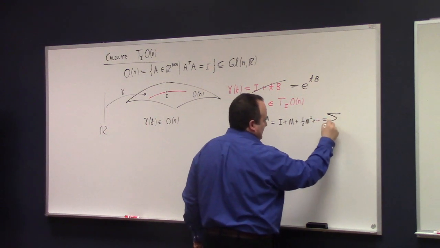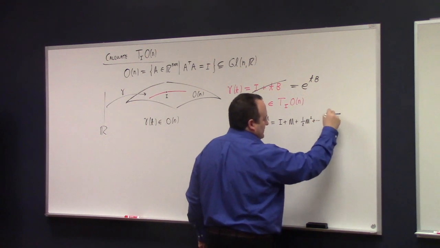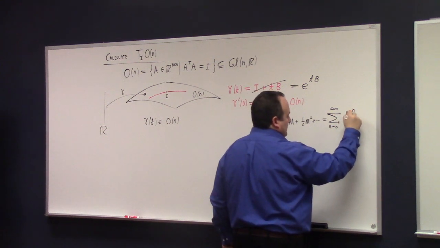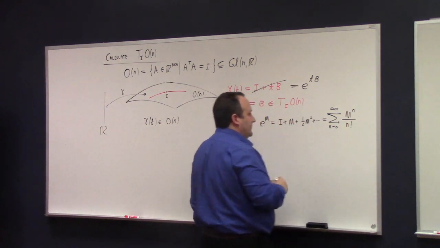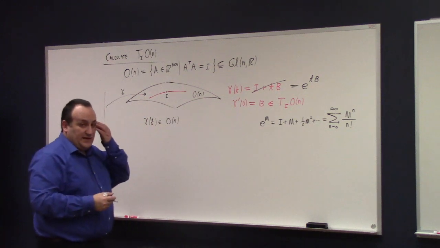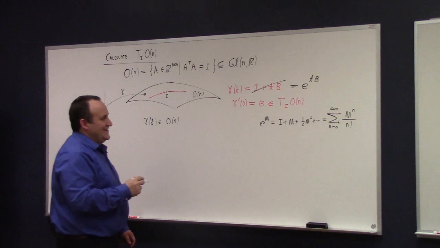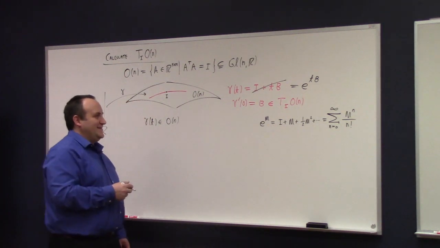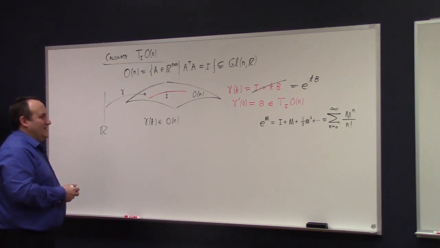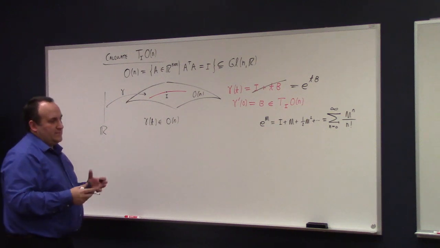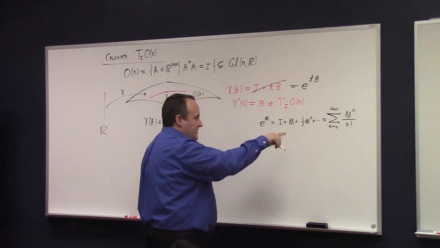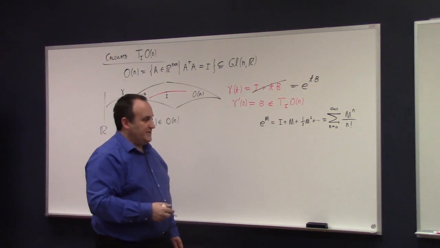So in short, it's the sum from n equals 0 to infinity of M to the n over n factorial. This is the matrix exponential. You can prove that this thing converges. That's the kind of thing I would do in advanced calculus, which is partly an analysis class. Unintended plug, but there it is. So anyway, long story short, the matrix exponential has beautiful, interesting properties.